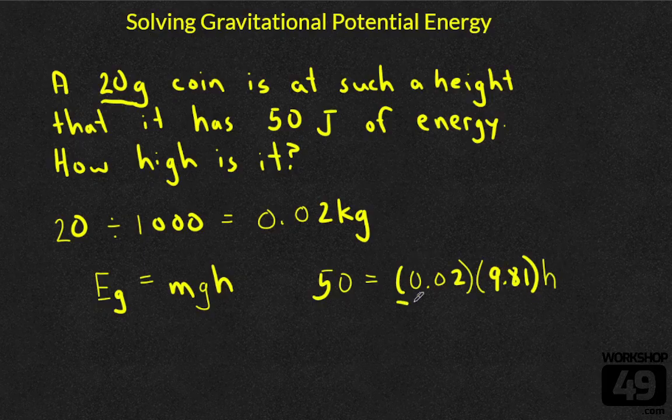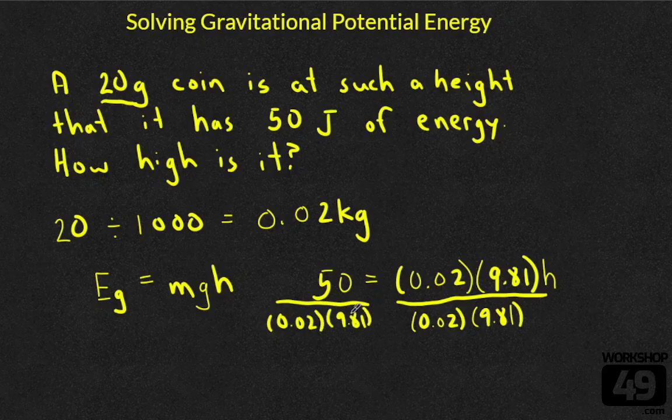Great news, all we have to do is divide both sides by 0.02 and 9.81, and we're going to do the exact same thing to this side, 0.02 and 9.81, and that's going to rearrange this equation so that h equals 255 meters. Still not real close to the ground, but that's how high you would have to lift a 20-gram coin so that it would have 50 joules of energy.